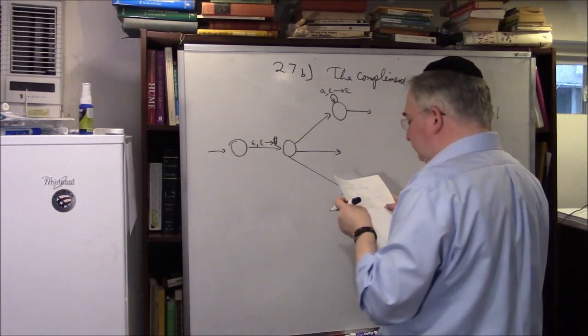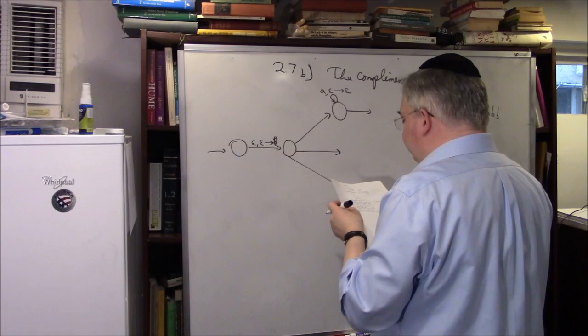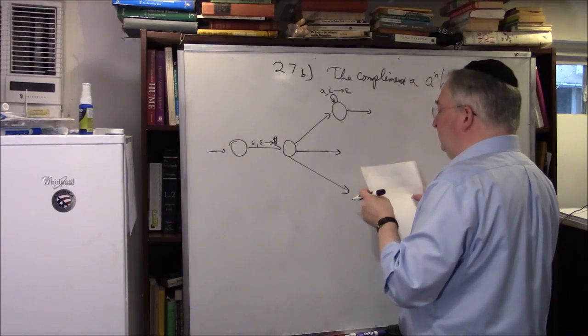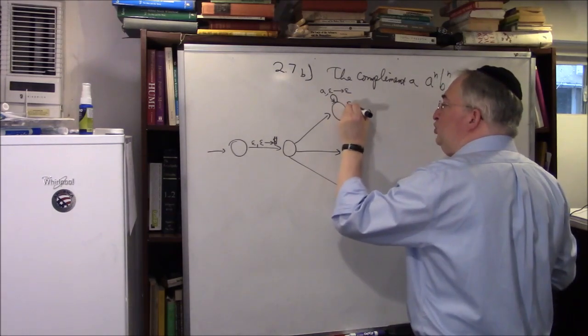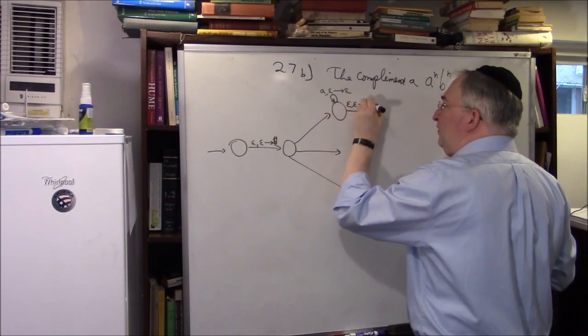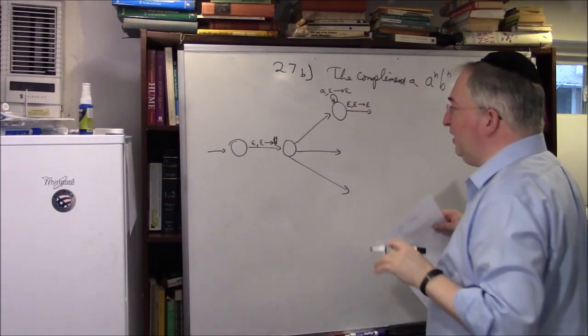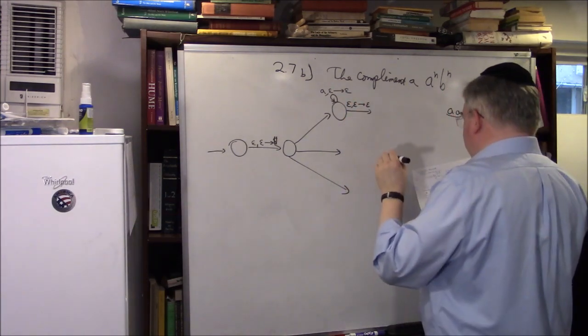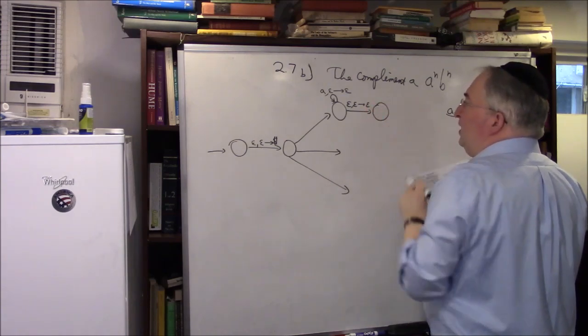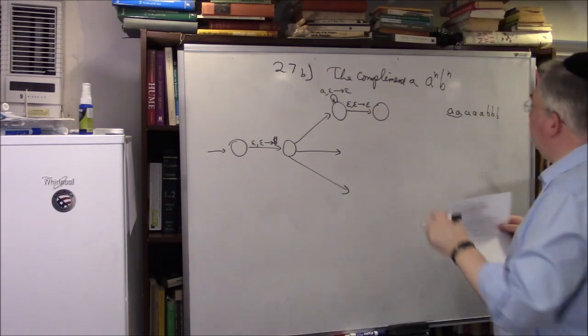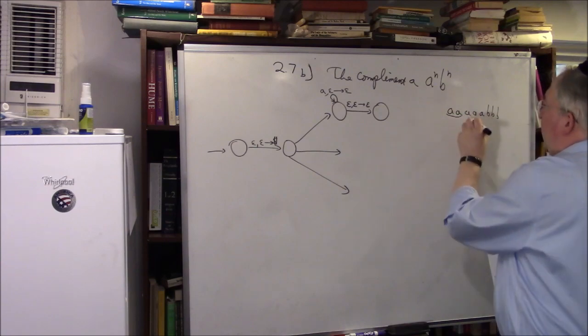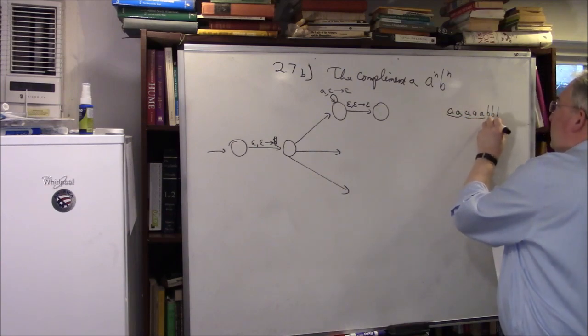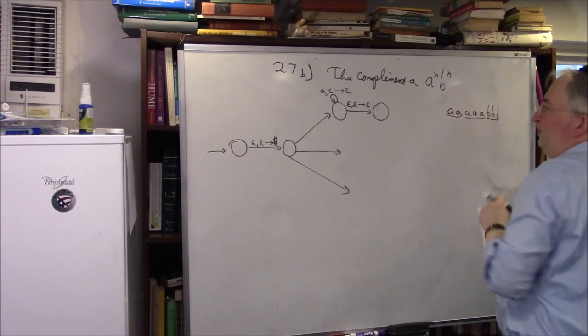Okay? And then do an epsilon move. Again, there's highly non-determinism in here. Do an epsilon move, and over here, now, so these two A's just pass by, and now every time there's an A, I want to push it on, and every time there's a B, I want to pop it off.